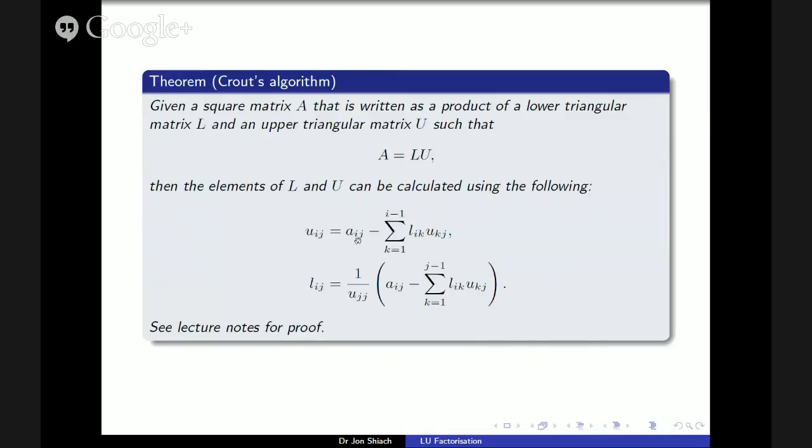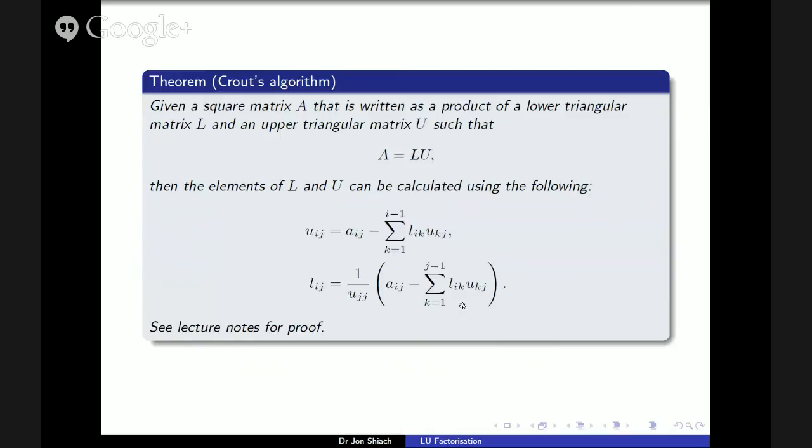Aij is the matrix A, the one which you're trying to calculate LU factorization for. L and U will already be calculated. For the first column, these are easy. As we go through the algorithm, these would already have been calculated.